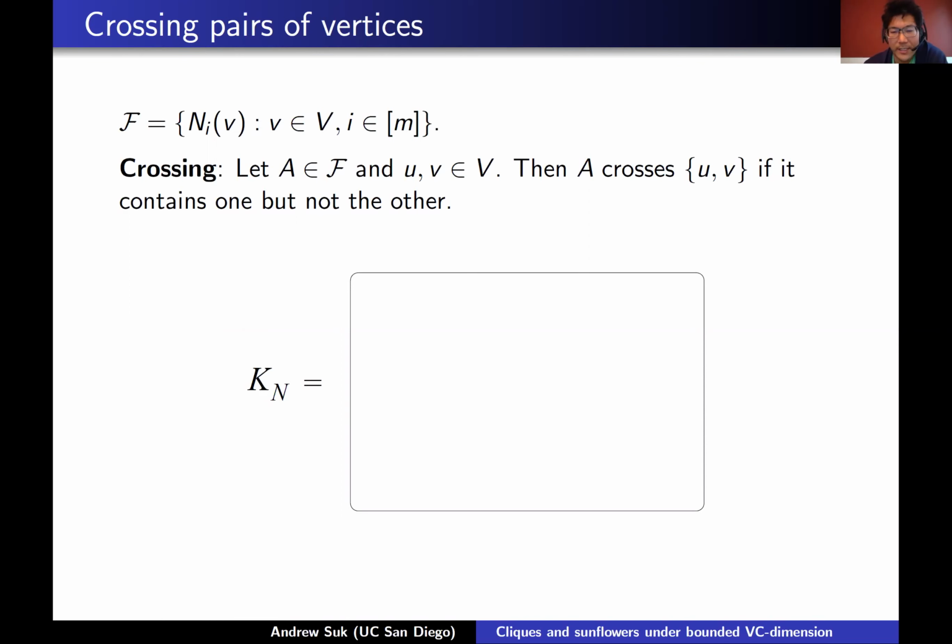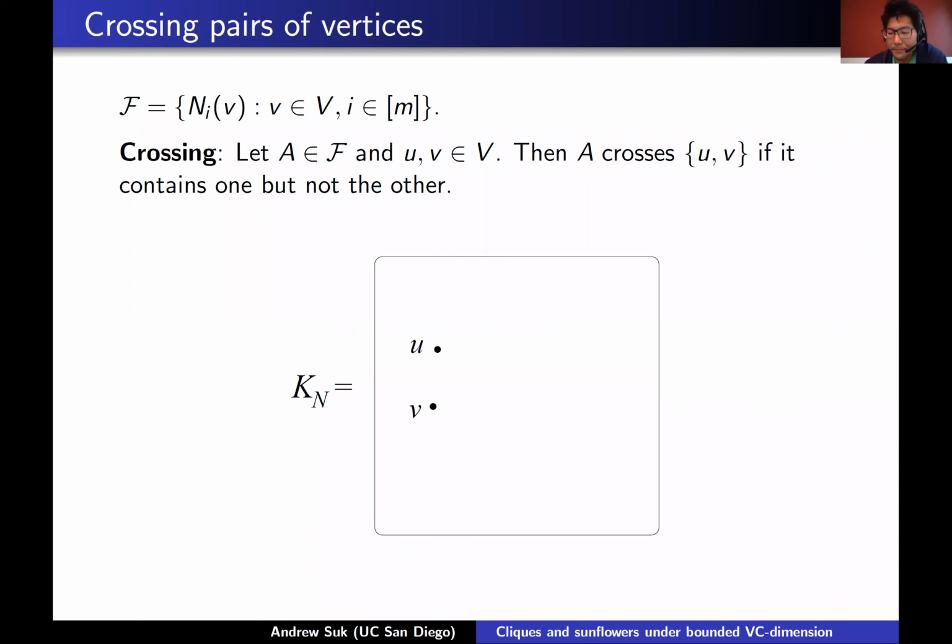Now, take two vertices in my ground set, U and V. A set A crosses that pair of vertices if it contains exactly one of the two vertices. So in this example, the set A here crosses the pair UV because it contains U, but it doesn't contain V.